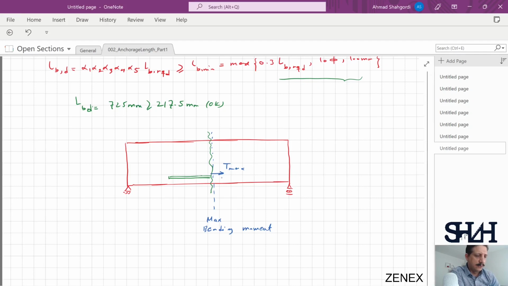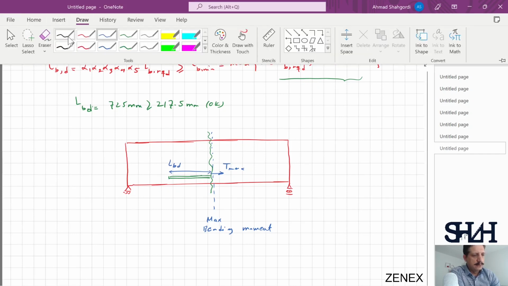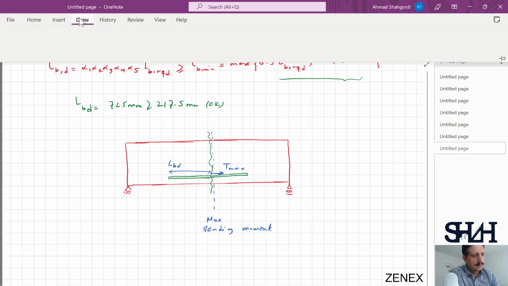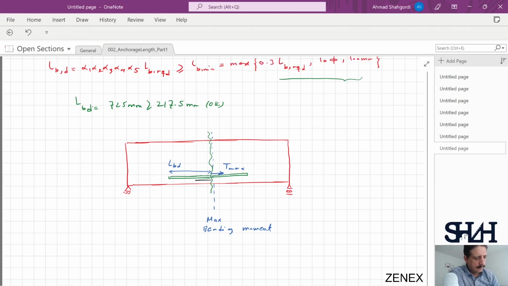And from this point, we need to govern the required anchorage length. So this should be LBD. Also, if you cut it from the other side, again, you have T max, but this time from the cut towards the right of the beam, then we need to provide LBD.